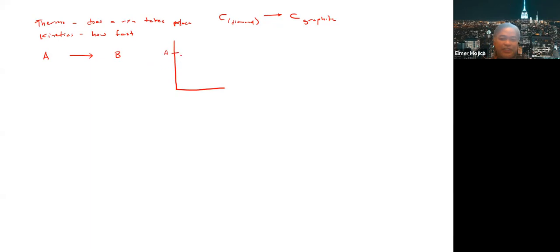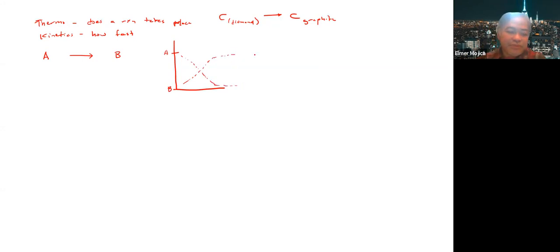After some time, A will go down. Now, as A goes down, what happens? You produce B. Now, you can monitor the rate from two perspectives.